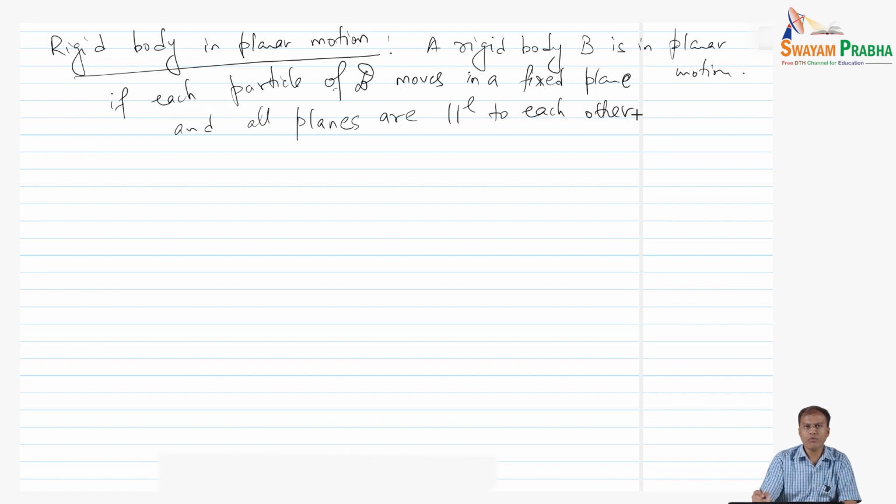So if I go back to my previous example of a particle moving in a circle, each particle moves in a fixed plane and all planes are parallel. If the particle is moving in a circle, and I extend it to 3D, the circle represents a cylindrical surface.